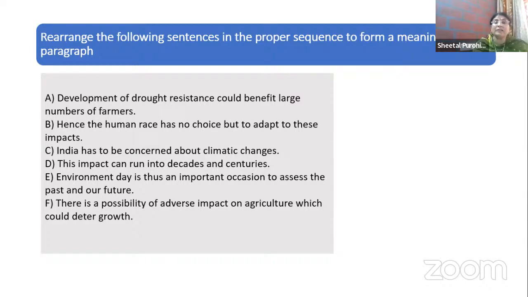And then it says hence, you talk about the resistance, and then you say B, because A will come first and then B will come. And then in the end should be E. Environment Day is thus an important occasion to assess the past and our future. Clear? Everyone understood?